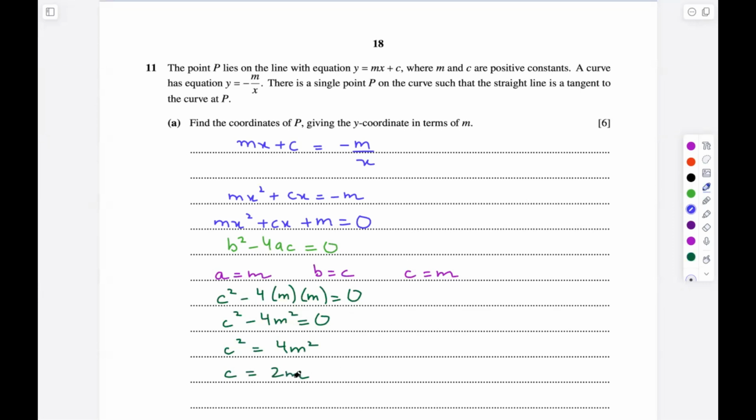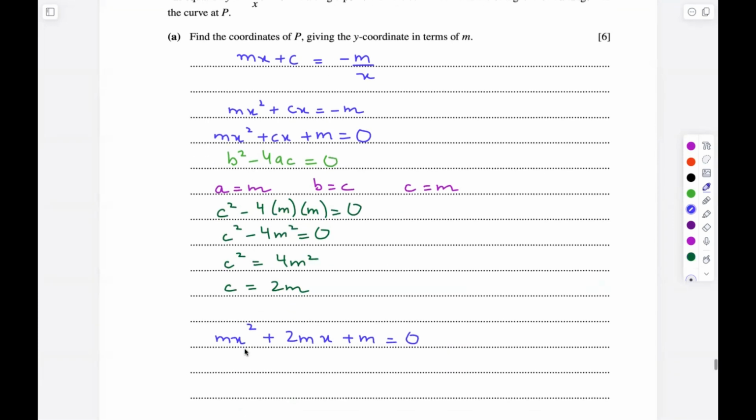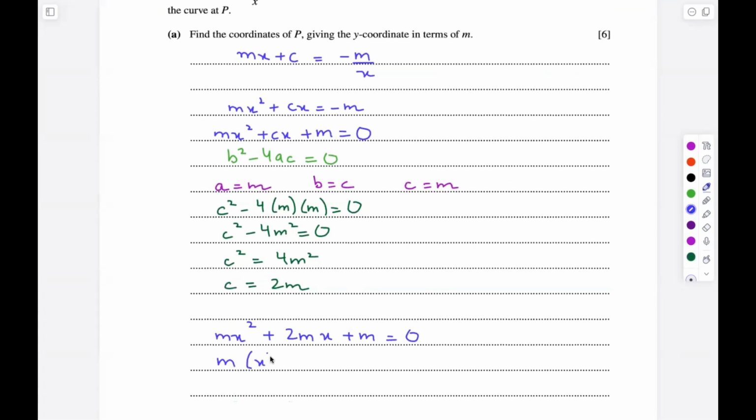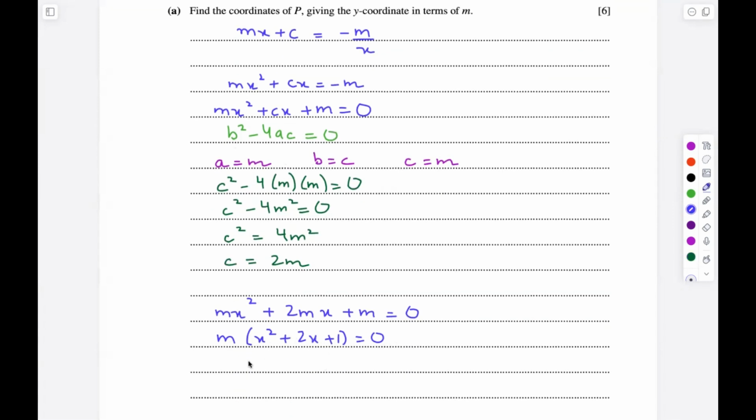Now, as we have c equals 2m and we have to give the y coordinate in terms of m, in the original equation mx squared plus cx plus m, in place of c we can write 2m, so mx squared plus 2mx plus m equals 0. Taking m common, this will become x squared plus 2x plus 1 equals 0. So m will cancel out, and we have the equation x squared plus 2x plus 1 equals 0.